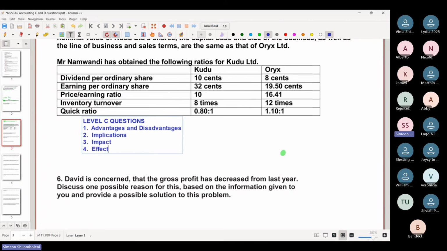It's like you are advising someone to go to the show. You are saying, what are the implications if you go to the show? The implications that you already discussed at C are you might not get a taxi. The show is expensive. You might lose your phone. Those are the implications.